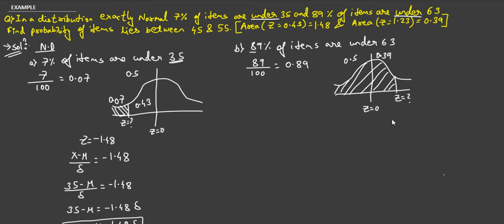Okay, so for z equal to 0.39, which is given in the question here, that z value is 1.23.